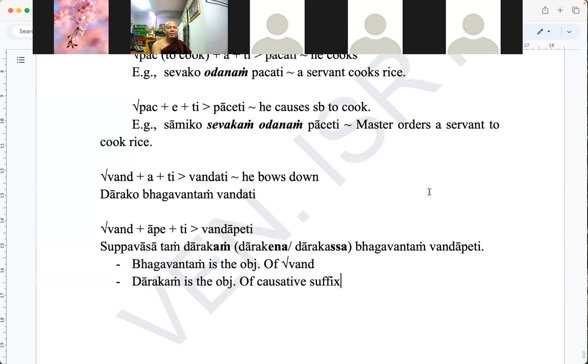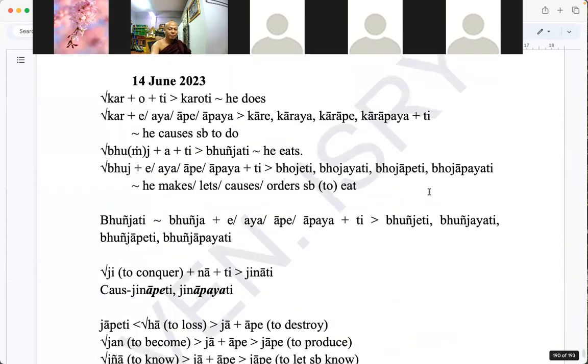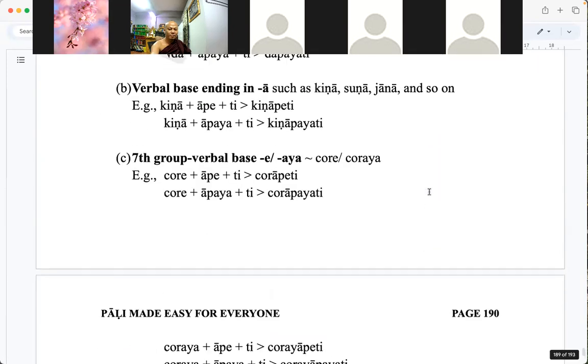Yes, Bante. First of all, Bante, please move to item number 2, that other roots and verbal bases will take four suffixes.